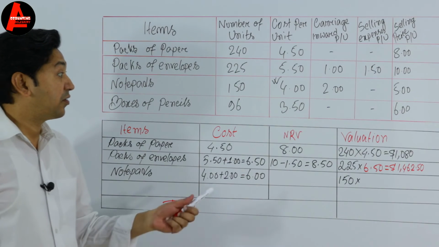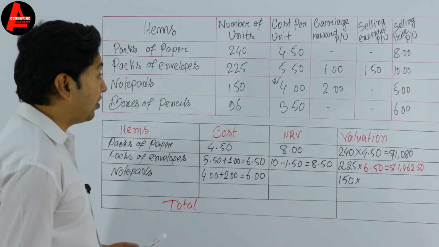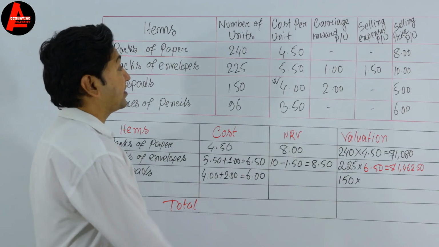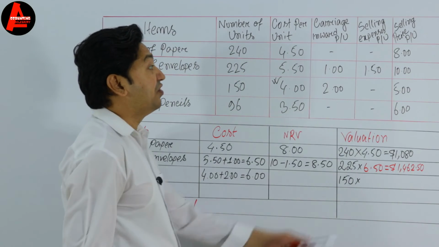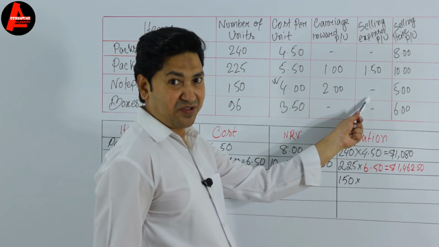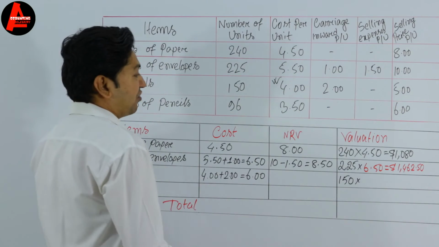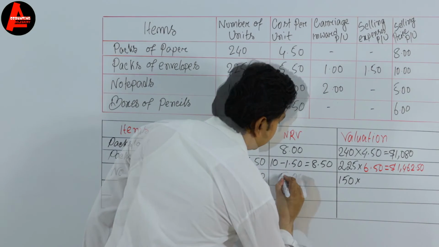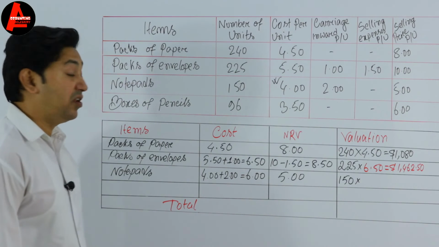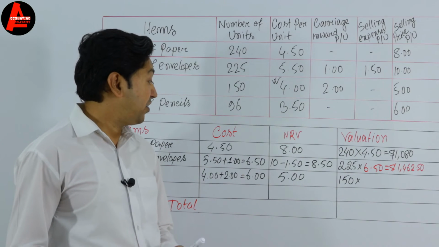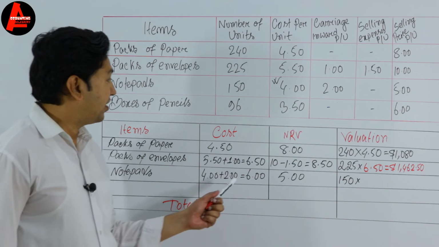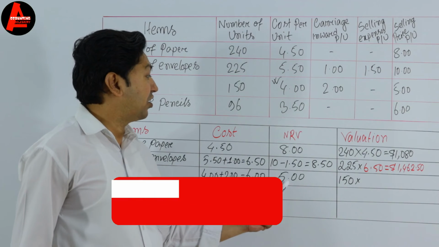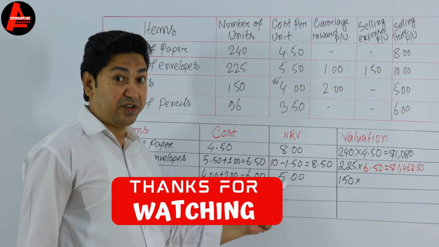Now we'll check the NRV, net realizable value. Here we see the selling price is $5 and there is no selling expenses, so we will write here 5. Now the concept, lower of cost and net realizable value. Which one is lower, the cost price or net realizable value?